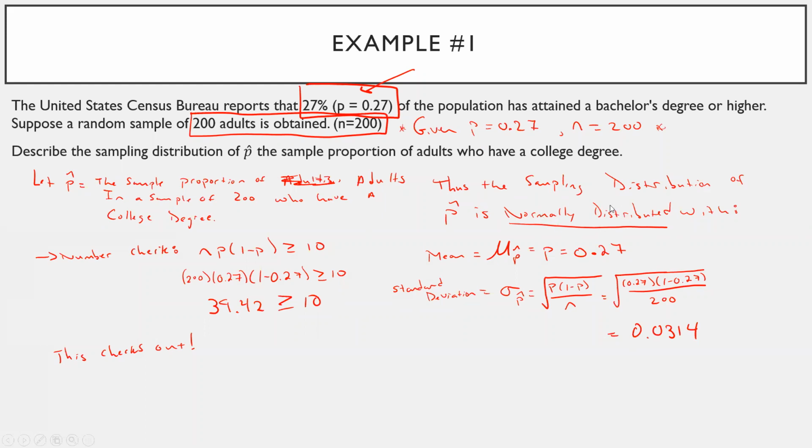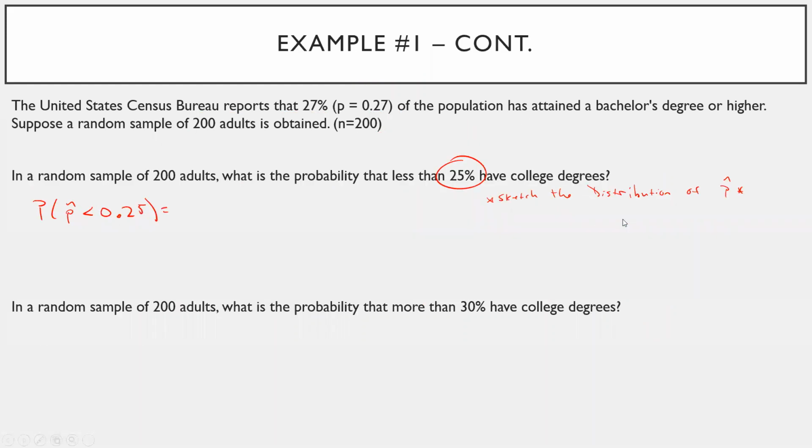Normally distributed. Look, boom, right there. So it's going to follow this bell curve. It should be centered at the population mean, which is 0.27. And I want to be less than 0.25. So I'm going to shade to the left.